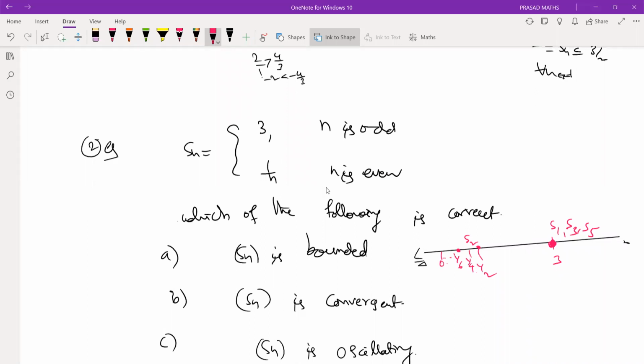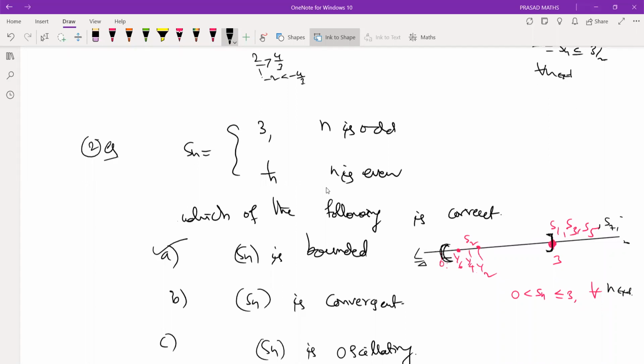So clearly it is bounded, no doubt. It is bounded below by 0 and bounded above by 3, because all the values lie between this and this. Therefore, clearly bounded. The question is whether it is convergent or not. Look at this.